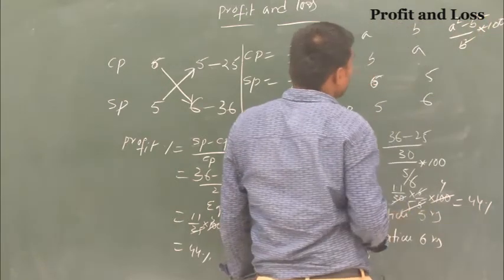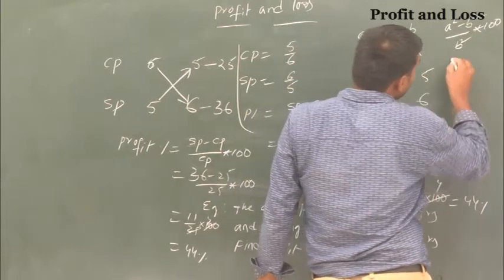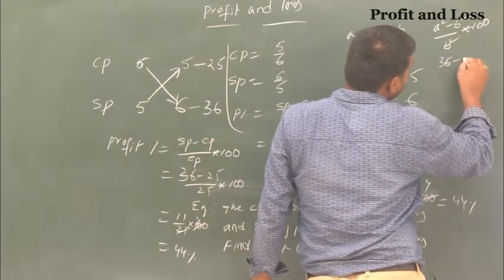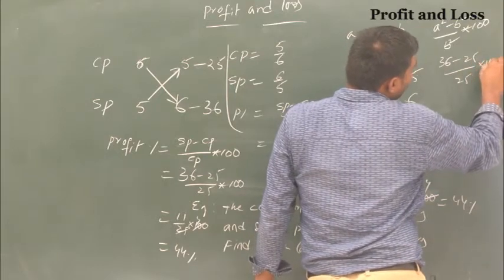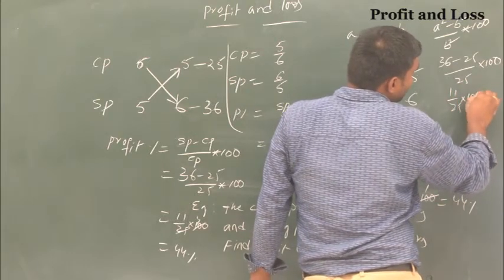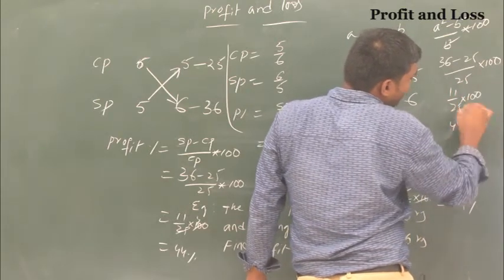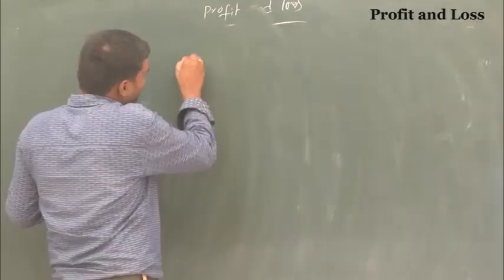Here A is 6 and B is 5, so (36 minus 25) by 25 into 100, which is 11 by 25 into 100, that is 44%.